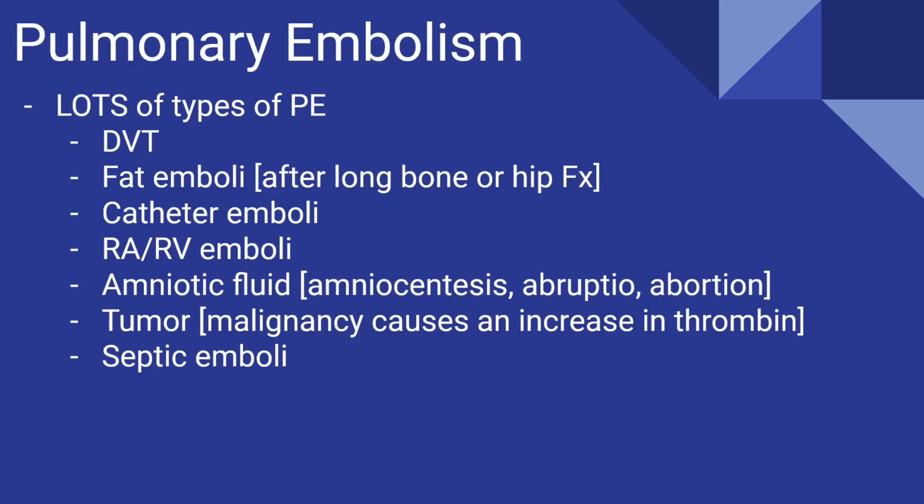Any kind of clot in the right atrium or ventricle can travel to the pulmonary system and cause an embolus. Amniotic fluid or any kind of tumor can cause a pulmonary embolus, and then septic emboli. We can get a large infectious material breaking off and ending up in the lungs as well.